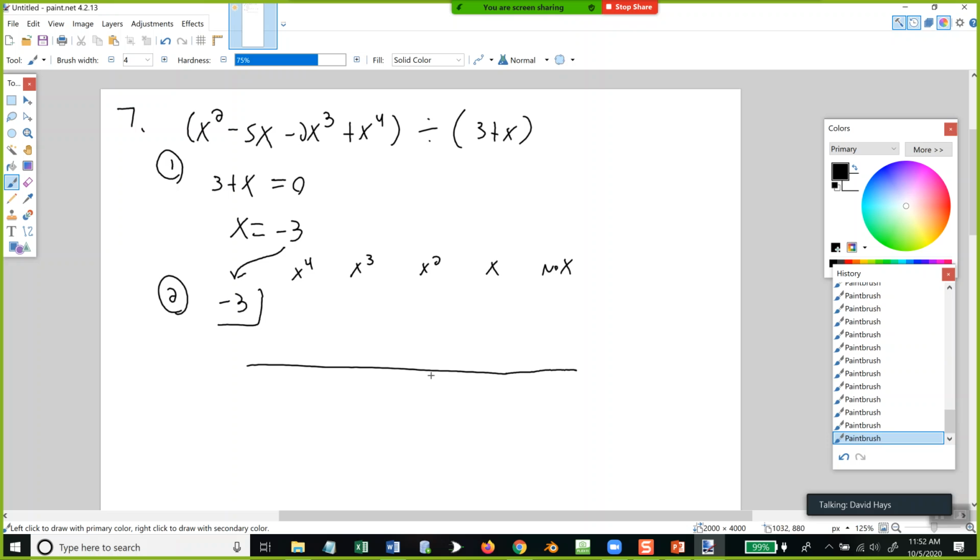And write down whatever number's in front of each one. There's a 1 in front of the x to the fourth. There's a -2 in front of the x to the third. There's a 1 in front of the x squared. There's a -5 in front of the x. And the constant term is missing, so we've got to put a 0 there.